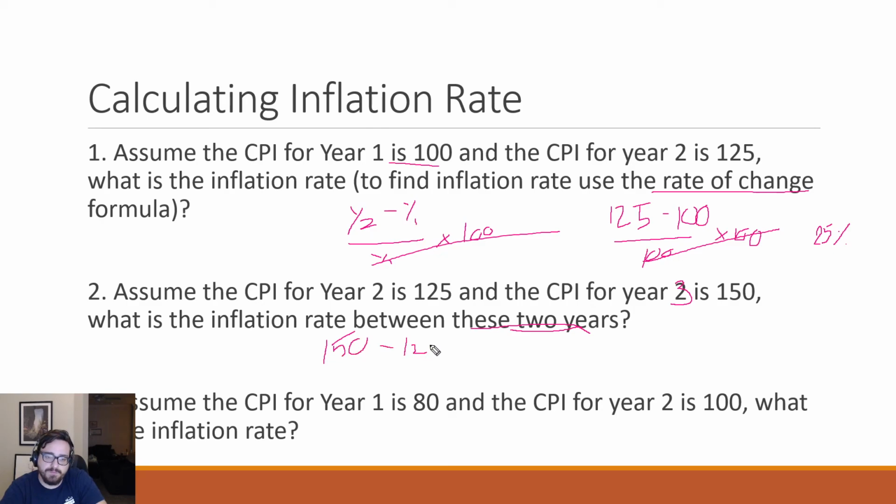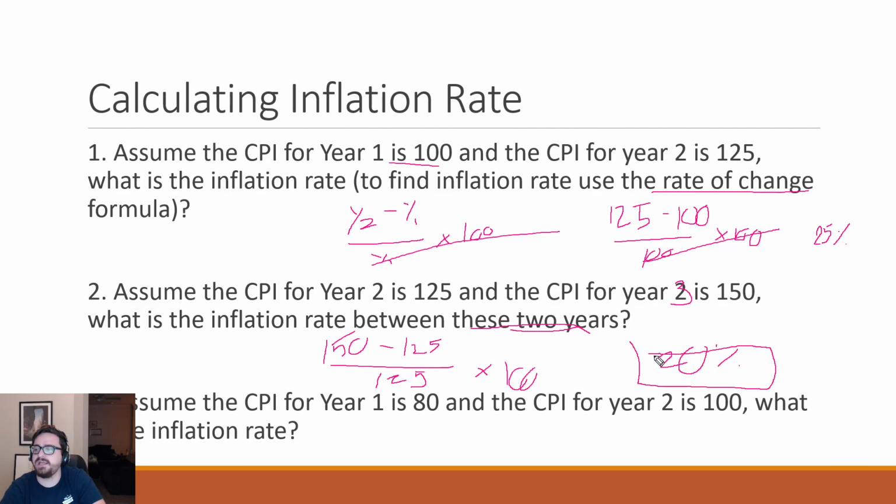You do the formula. $150 minus $125 over $125 times 100. $150 minus $125, that's $25. 25 over 125 is a fifth, or 0.2. 0.2 times 100 is 20%.